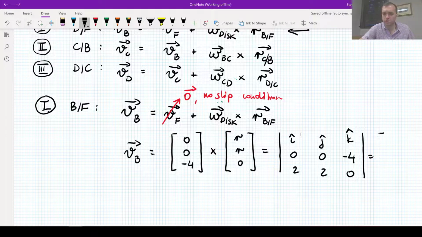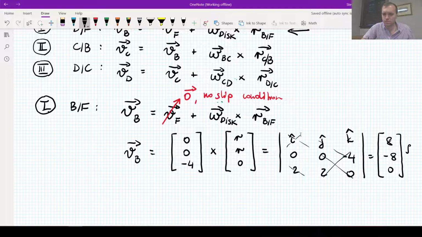Okay, let's solve the determinant. This is 8, this is minus 8, and this is 0 feet per second. Okay, we are done with our first step of our solution.